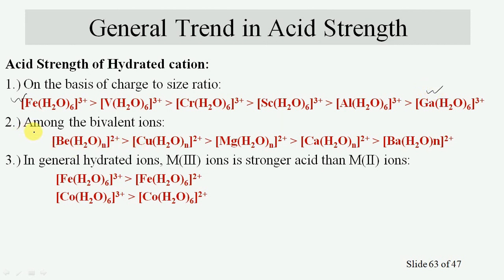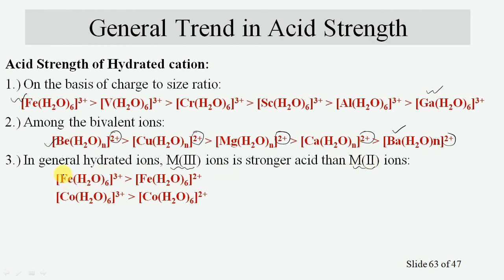Among the bivalent ions, all will carry +2 charge. The complex with beryllium has the maximum acidic strength and with barium the least acidic strength. The third one: in general, hydrated ions with +3 charge are stronger acids in comparison to +2 charge.